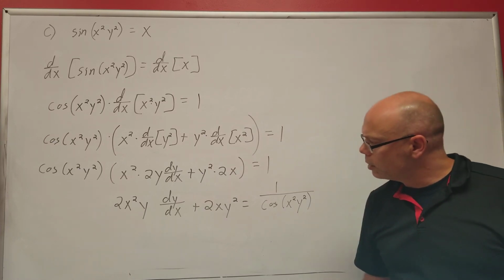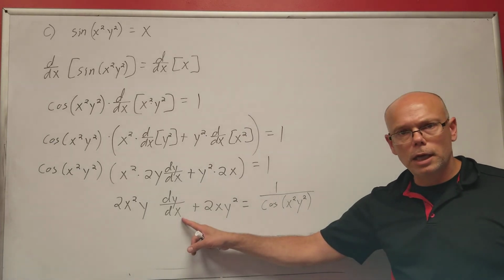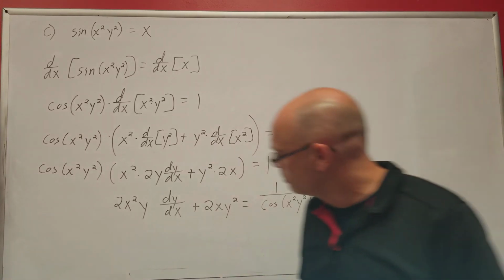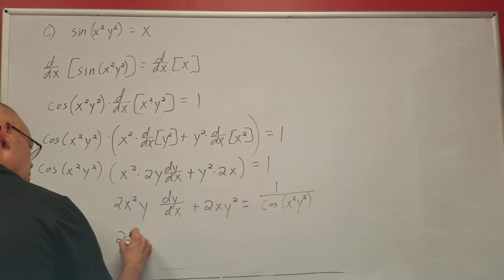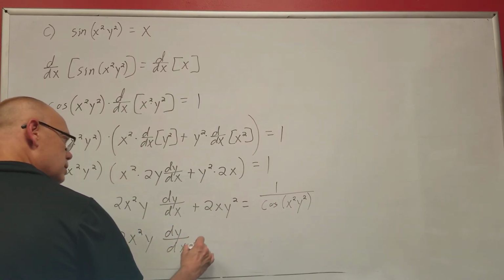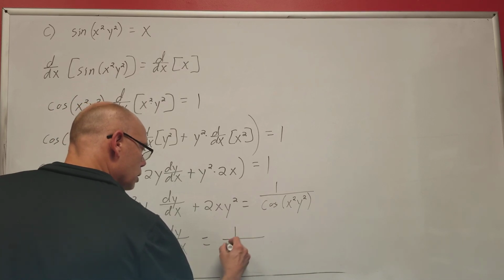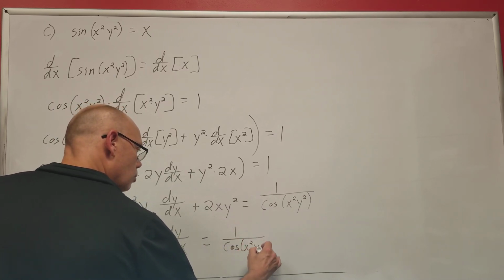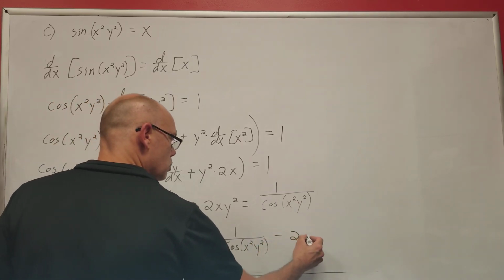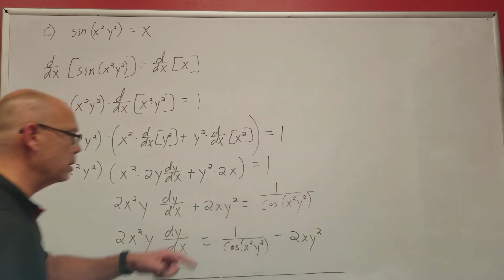Well, I still need to solve for dy over dx, so I'm going to subtract this part from both sides. So I'll get 2x squared y times dy over dx is equal to 1 over cosine of x squared y squared minus 2xy squared, right?